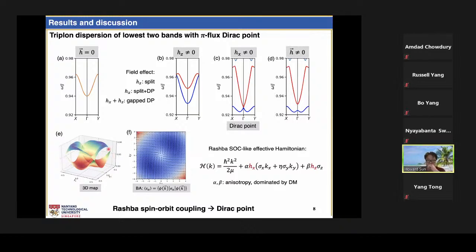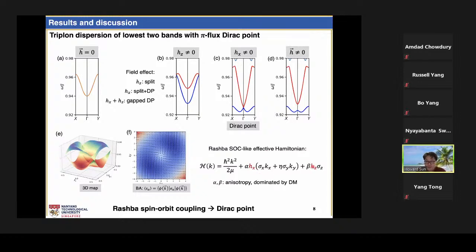In order to understand this band behavior or band geometry, we build an effective Hamiltonian. We can see that the in-plane magnetic field couples the pseudo-spin degree of freedom and the momentum, and gives rise to a Rashba spin-orbit coupling like Hamiltonian.